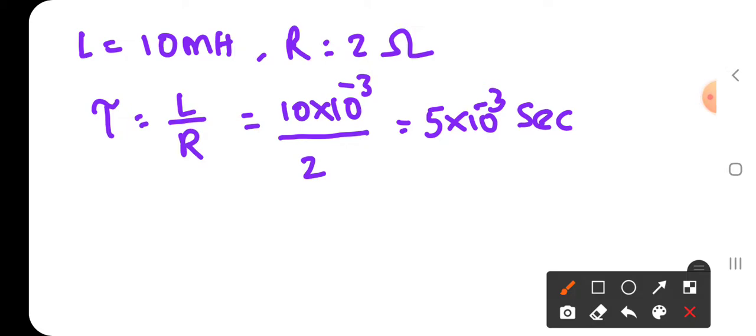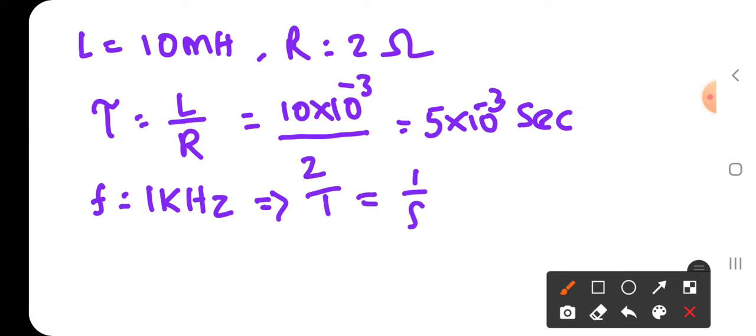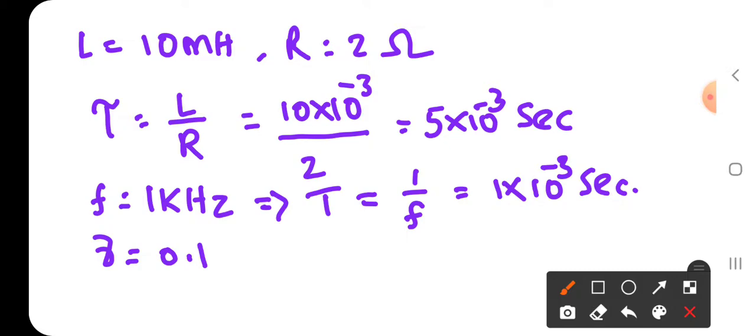As f is given, f is equal to 1 kilohertz, from this you can find the total time period as 1 by f, which is 1 into 10 power minus 3 seconds. And the duty ratio is 10%, that means gamma is equal to 0.1. Then what about T on?